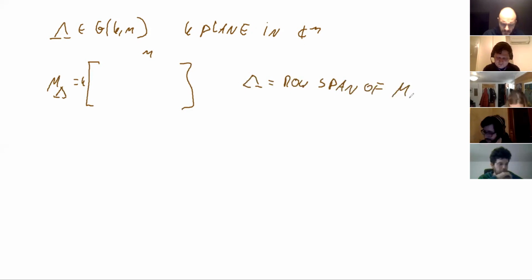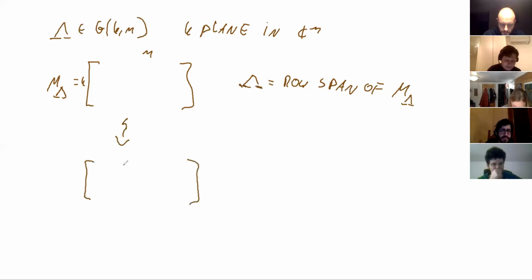If you saw the preliminary lectures, this M lambda is not unique. It uniquely determines lambda, but lambda does not determine it. You can do row operations, and because of that there is a unique one in what is called the reduced echelon form, and it looks like this.